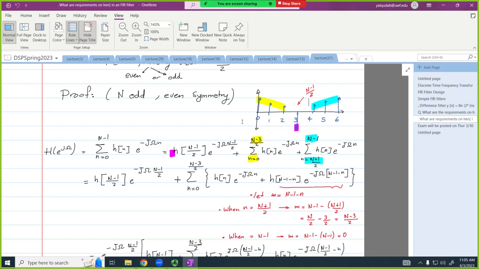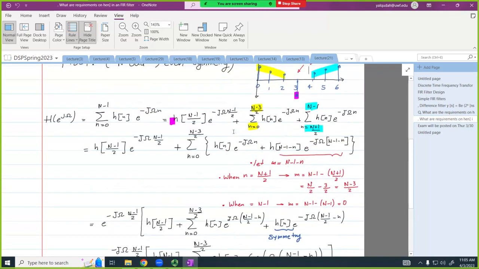And therefore, it is going to equal the summation. The purple is the one at the center, h of (N minus 1) over 2. And then we have the summation of the yellow from 0 to (N minus 3) over 2. Then we have the blue from (N plus 1) over 2 to N minus 1, h of n e to the negative j omega n.